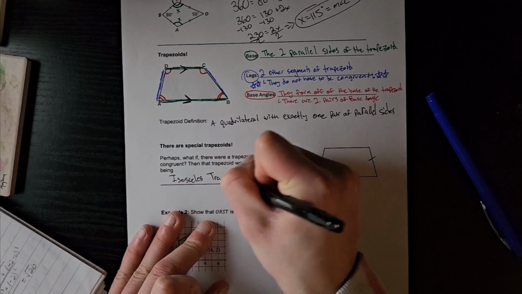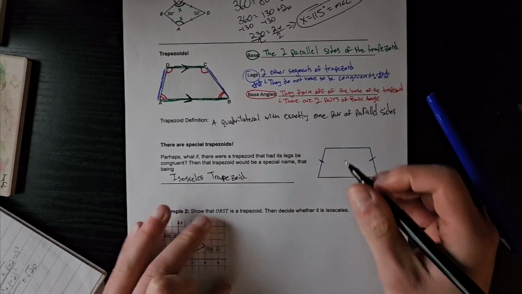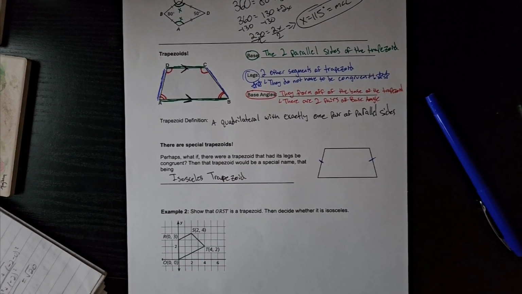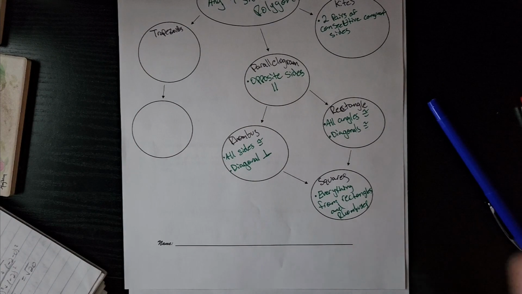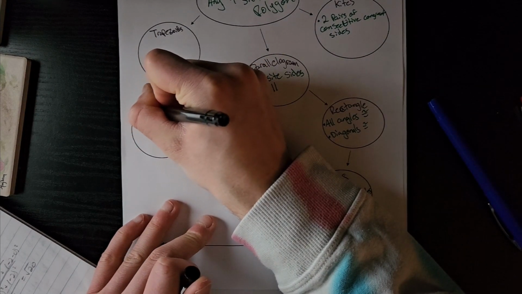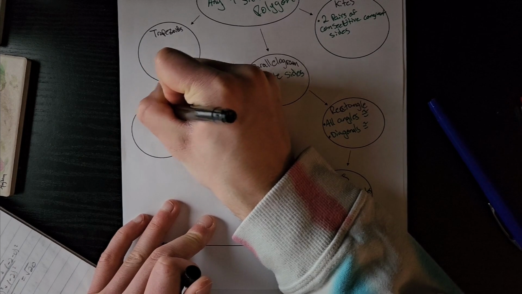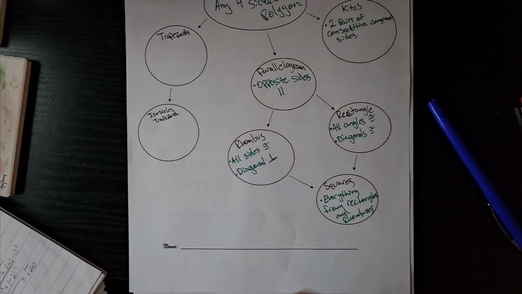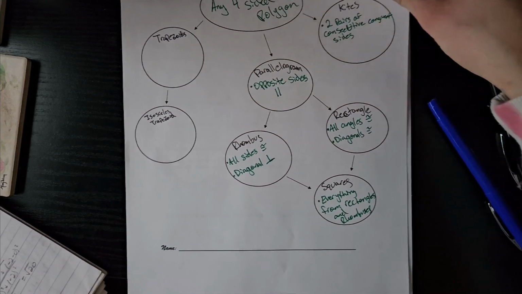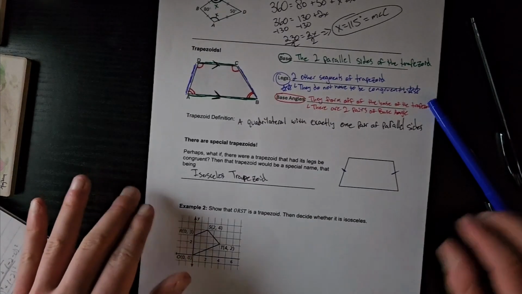And we can treat it similar to how we did with isosceles triangles, where the legs are now going to be congruent. This is classified as a special trapezoid, which is why we have the extra bubble that goes off of the trapezoid. This is going to be for the isosceles trapezoid. So I guess we can fill in this bubble for right now, but I'm not going to.